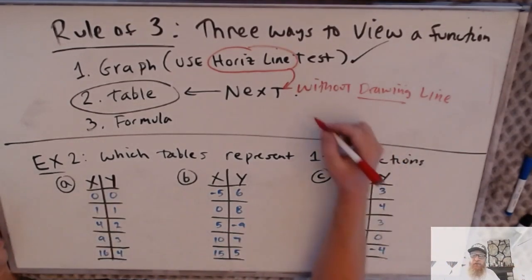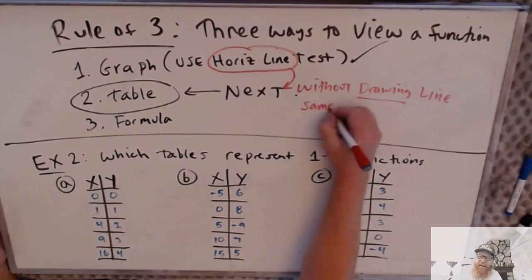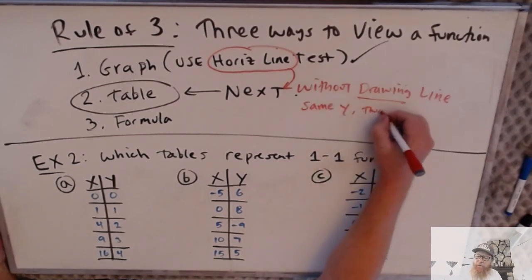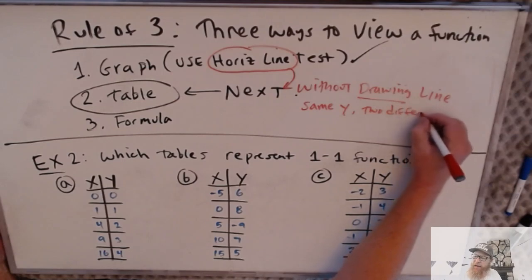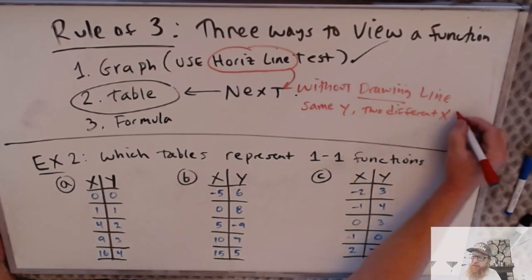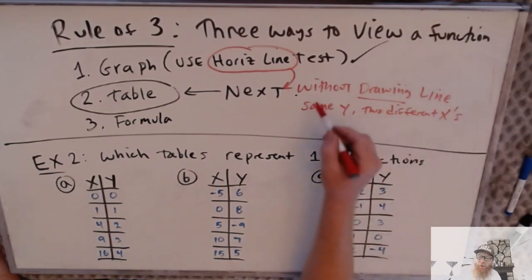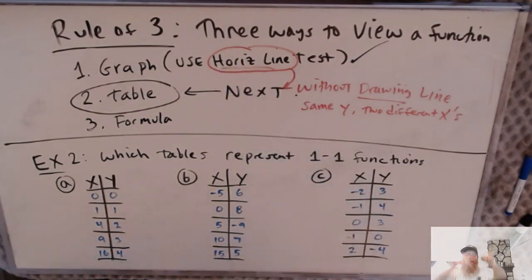A horizontal line means that you have the same y with two different x's. That's what a horizontal line is, right? The y value is fixed. It's whatever that horizontal value is. And then you have two different x values corresponding to the same y value.